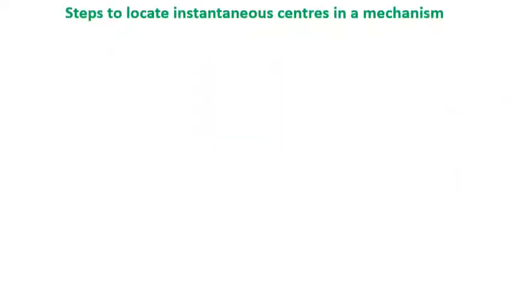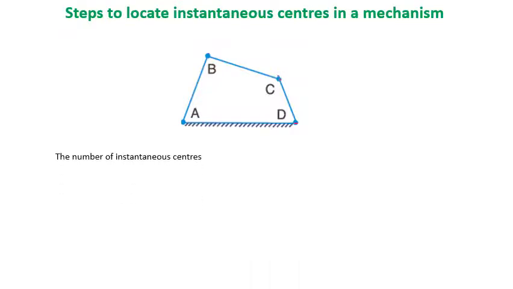So next, let us see how to locate the instantaneous center in a mechanism. In order to locate the instantaneous center in a mechanism, let us consider a 4-bar mechanism ABCD as shown in the figure. The first and foremost important step is to find the number of instantaneous centers.